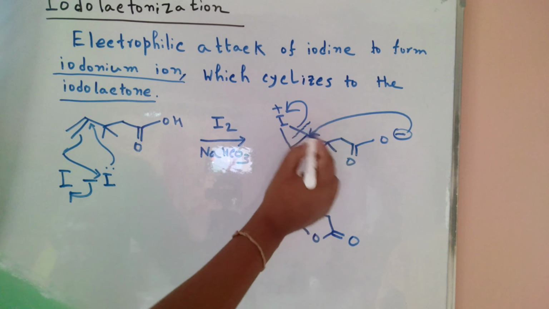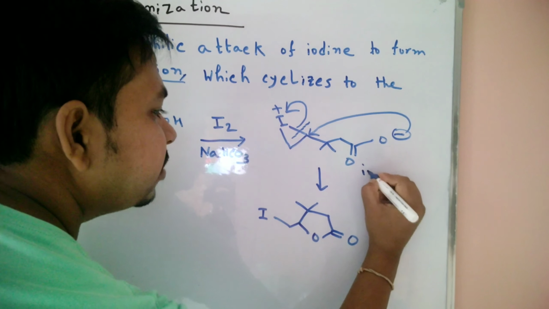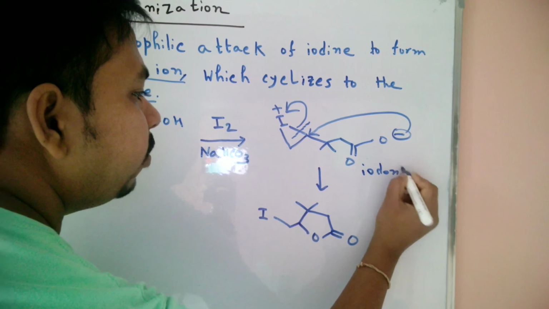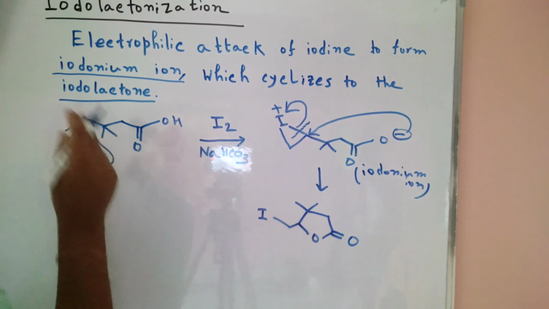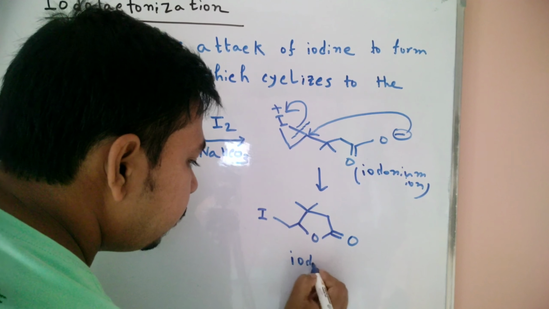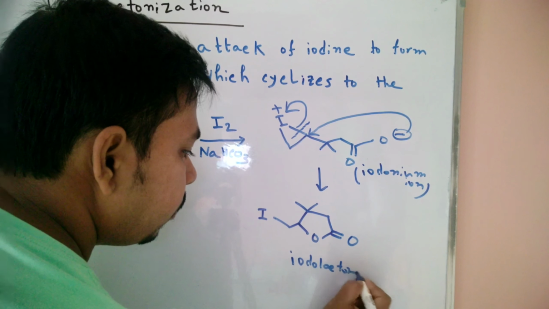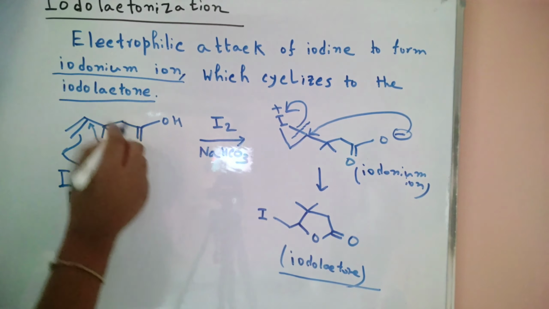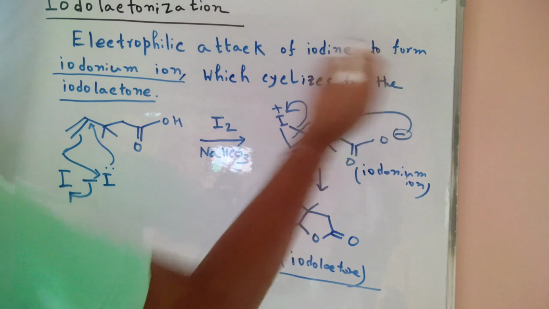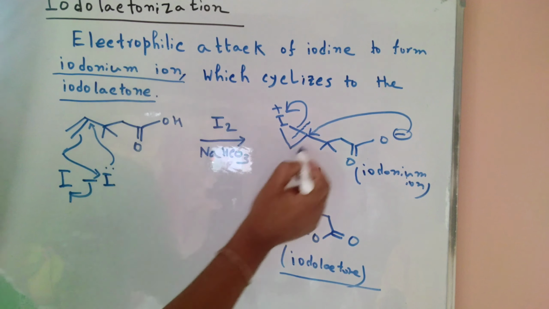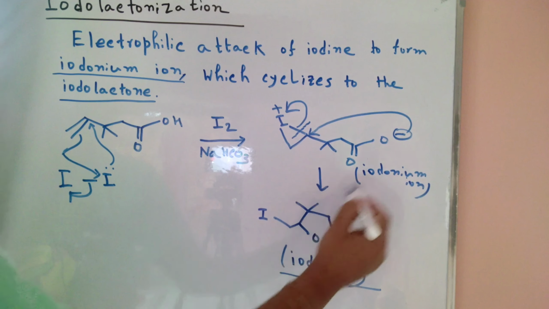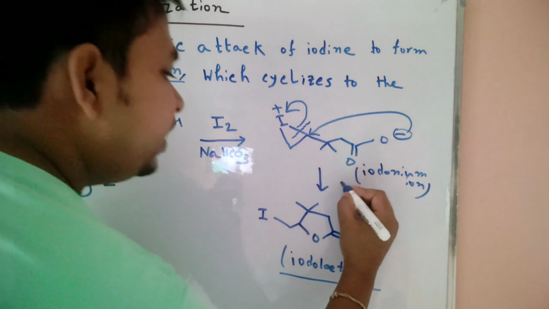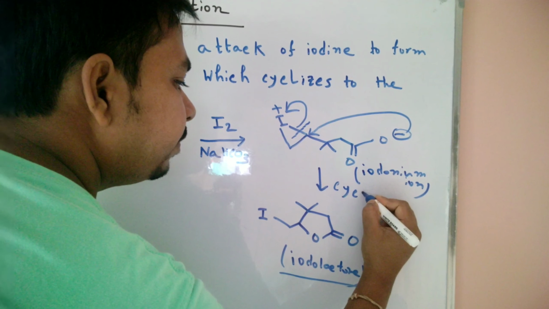At the first step, the formation of this one is called the iodonium ion, and this one is the iodolactone. So we can easily say that electrophilic attack of iodine forms the iodonium ion, which cyclizes to the iodolactone. So this step is the cyclization step.